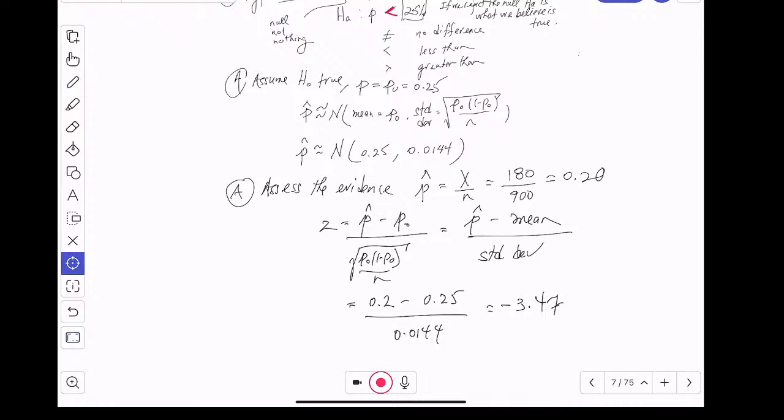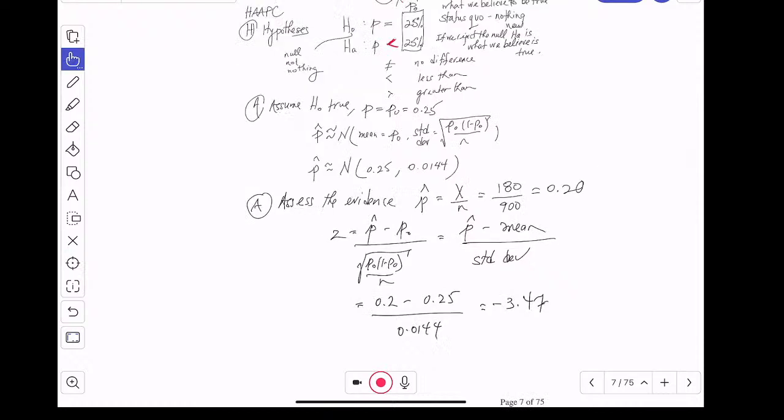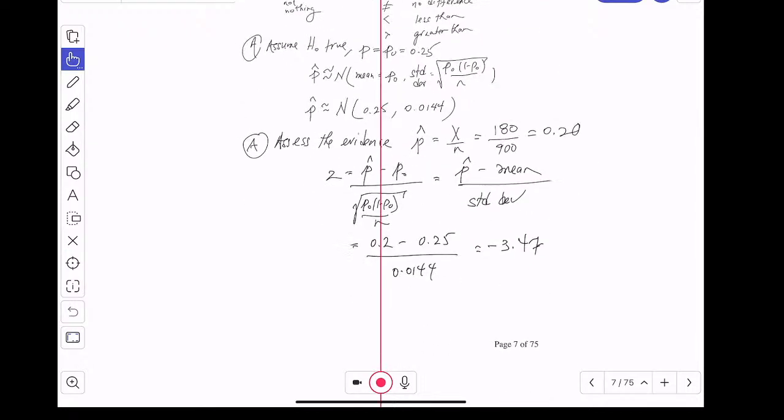This implies that it's too far away. So now something's wrong. Is something wrong with my sample, or is something wrong with my assumption? Well, I'm going to assume that nothing's wrong with my sample. I did that correctly. Something must be wrong with the assumption. So I'm going to end up rejecting that assumption in favor of the fact that we have something to report, something new, something bizarre. The test is significant. That's how we're going to conclude.